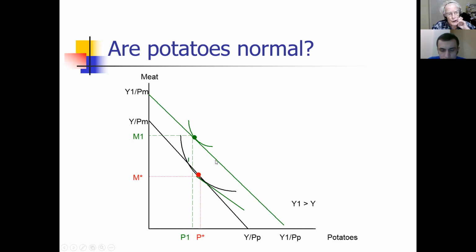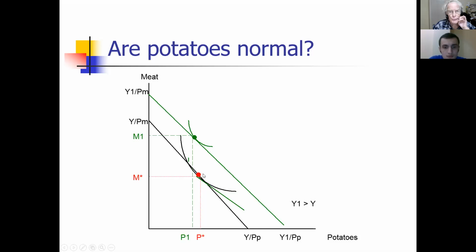The income effect occurs from the red point to the green point. So what is happening to the potatoes? Is our consumption of potatoes rising or falling? Falling in this case.